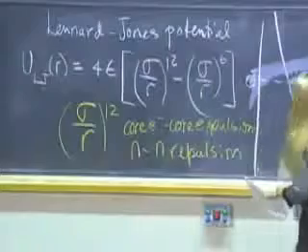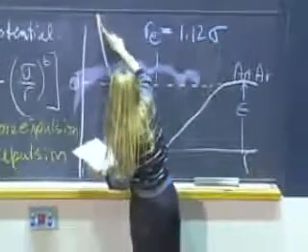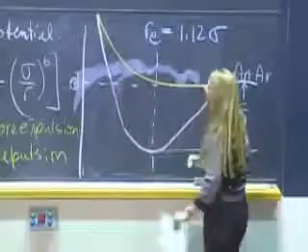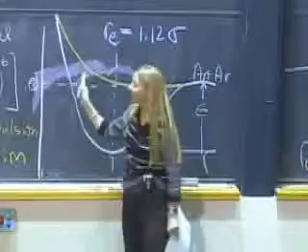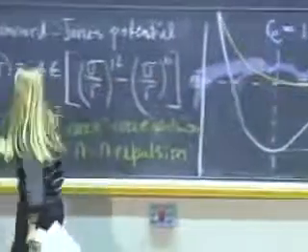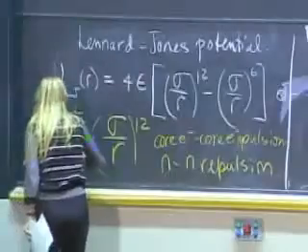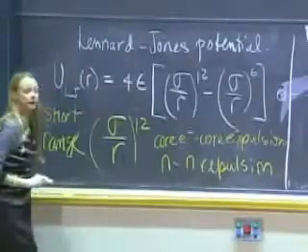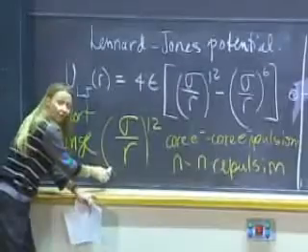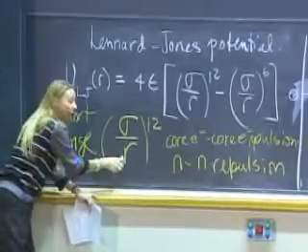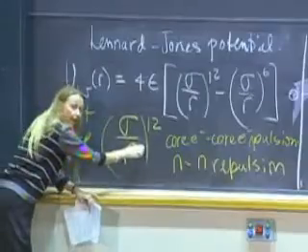If I plot that, it would look something like this. It's repulsive everywhere. It is what we call a short-range interaction. And this is important. What do we mean by short range? Well, short range means that it only has a value when R is small, right? Because it's a 1 over R raised to the 12th power.